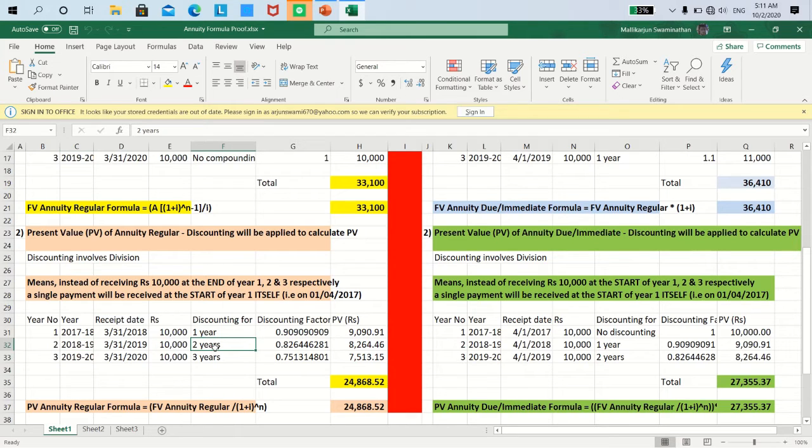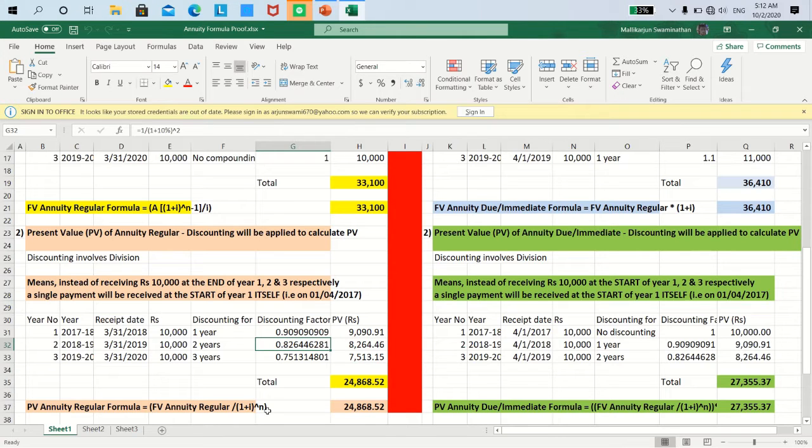Hence, the discounting should be allowed for 2 years, which is what is displayed in cell F32 as 2 years. And the discounting factor accordingly for it is highlighted in G32 as 1 divided by 1 plus i power 2, which is 1 divided by 1 plus 10% to the power 2.